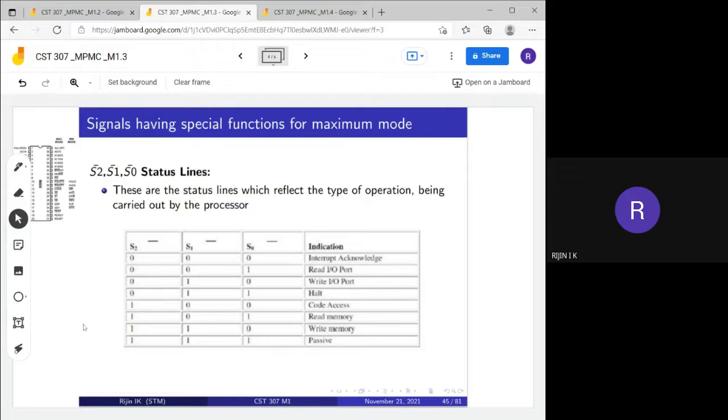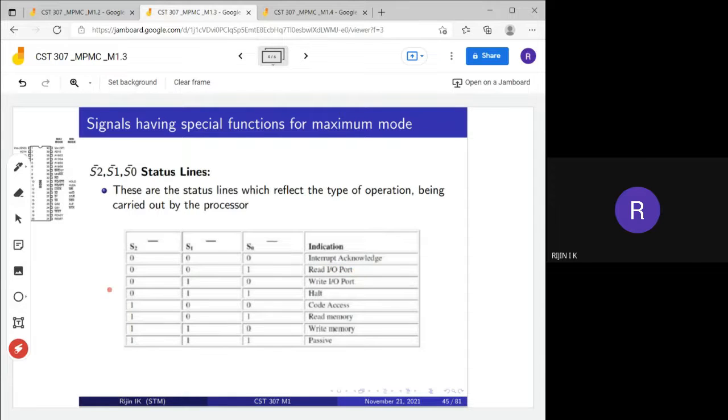So these are the different statuses. If S2, S1, S0 are all 0, it means an interrupt acknowledgement. Then S2 equal to 0, S1 equal to 0, and S0 equal to 1 means a read from an IO port, that is, a read operation from an input output port.